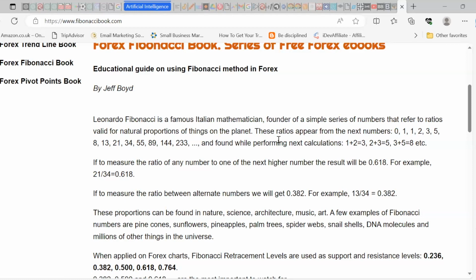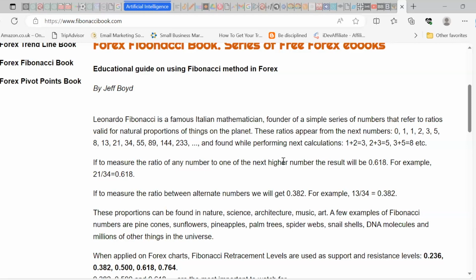Then 1 plus 1, you have 2. 1 and 2, you have 3. 2 and 3, you have 5. 3 and 5, you have 8. 5 and 8, you have 13. 8 and 13, you have 21. 13 and 21, you have 34. 21 and 34, you have 55. 34 and 55, you have 89, in that order. That is how he found that the numbers appeared in sequence like that.